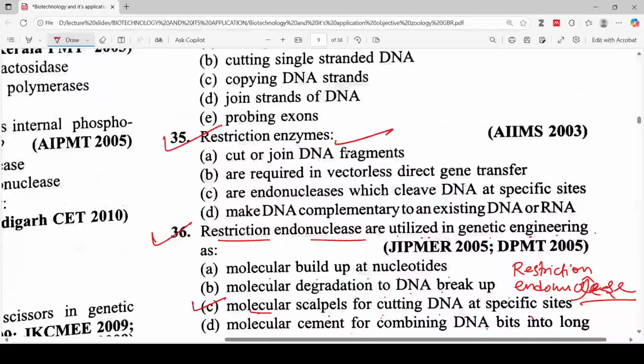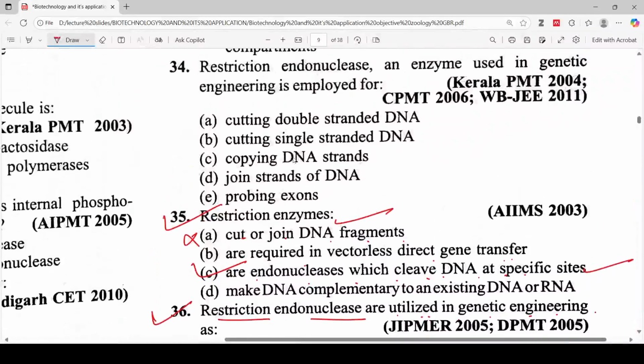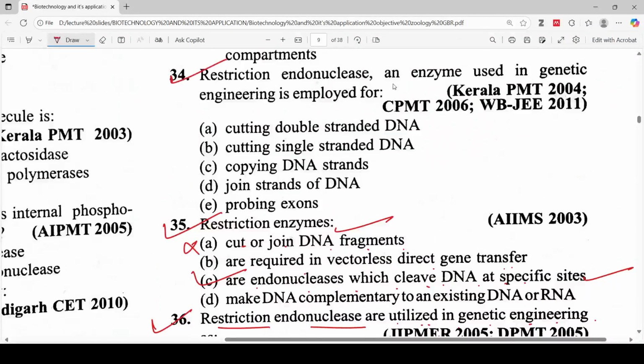Okay, next question. Restriction enzymes cut or join DNA fragments. This option is not correct. Are required in vectorless direct gene transfer. This is also not correct. Are endonucleases which cleave DNA at a specific site. This answer is the correct answer. So next question. Restriction endonuclease, an enzyme used in genetic engineering, is employed for cutting double DNA strand, cutting single DNA strand, copying DNA strands, and joining strands of DNA.